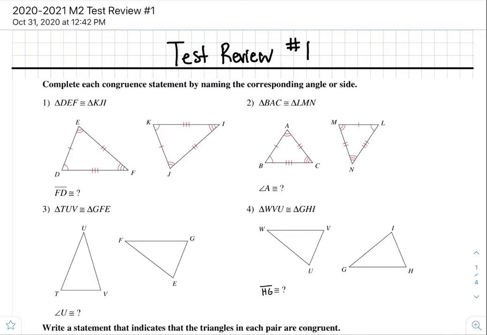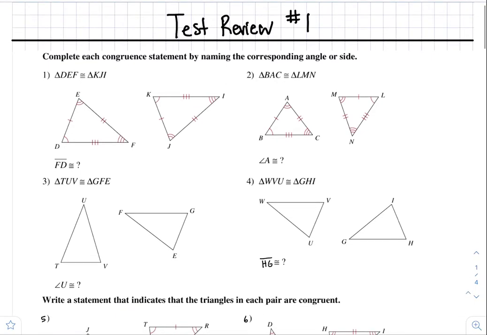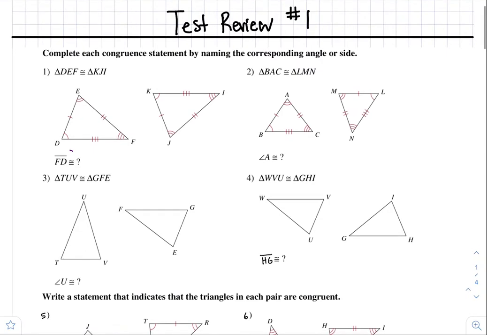Alright, so here's your guys' test review number 1. So let's begin. You guys are gonna complete each congruency statement by naming the correct corresponding angle or side. So number 1, you have those two figures. Now you have to figure out what is the corresponding side that is congruent to FD.